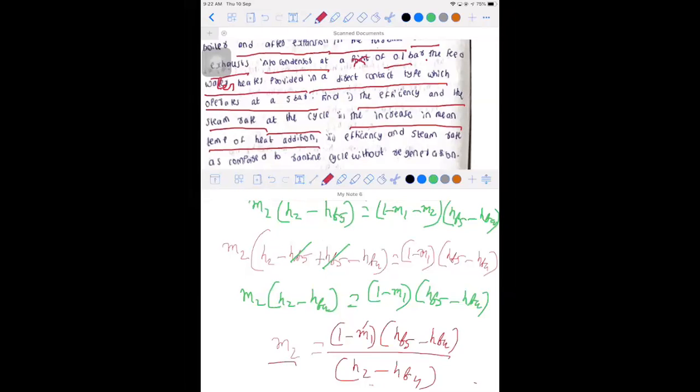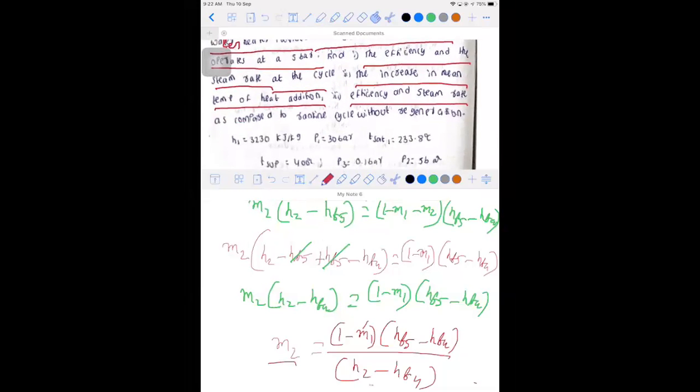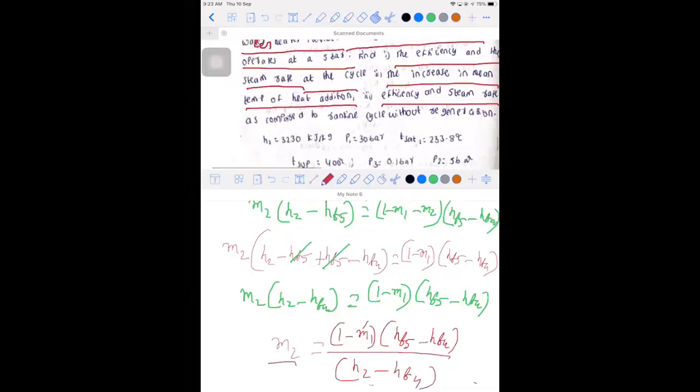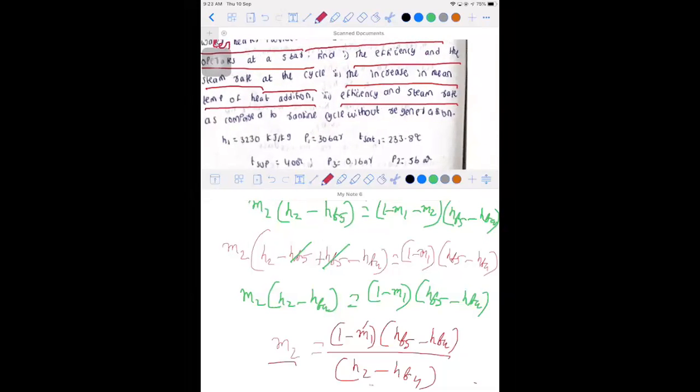Next, fourth one, efficiency and steam rate as compared to the Rankine cycle without regeneration.